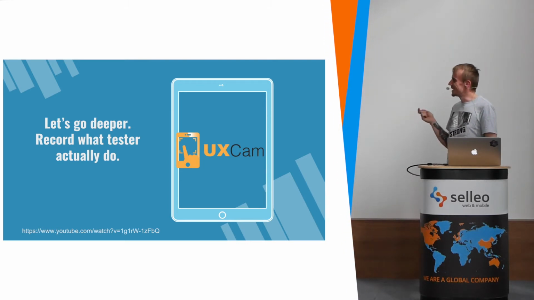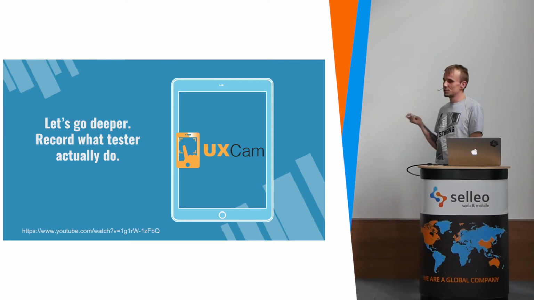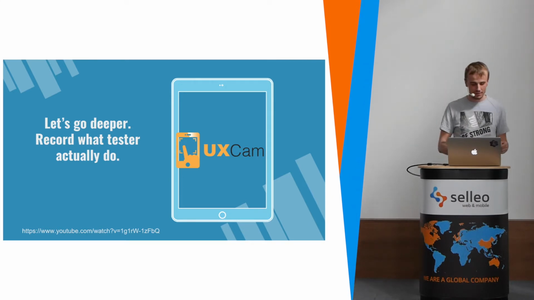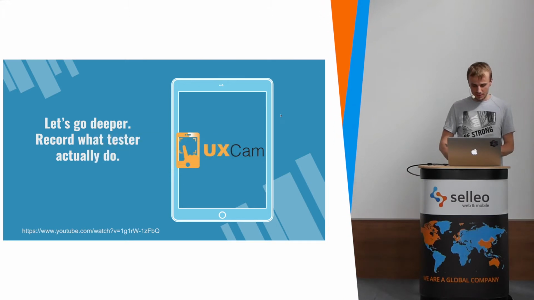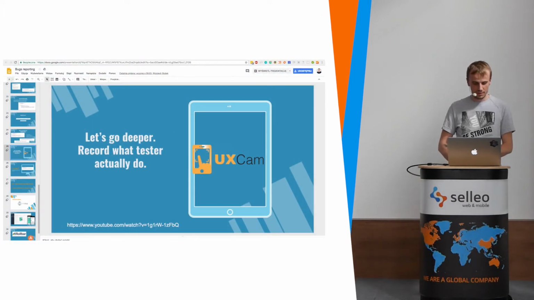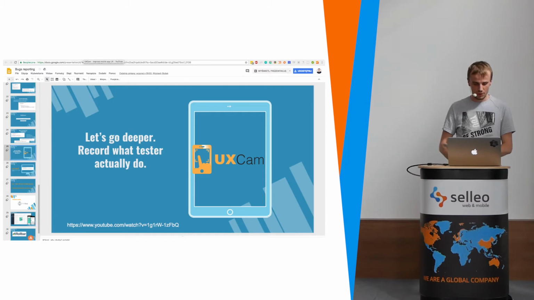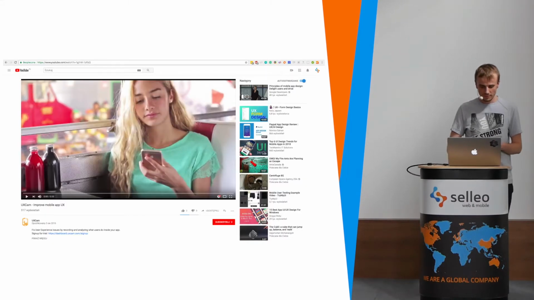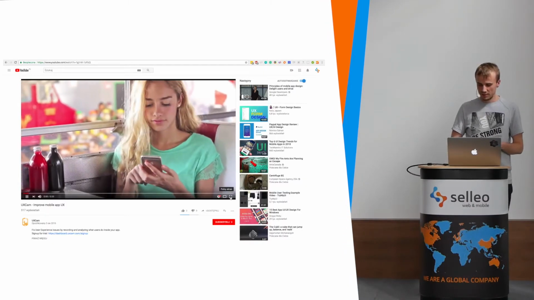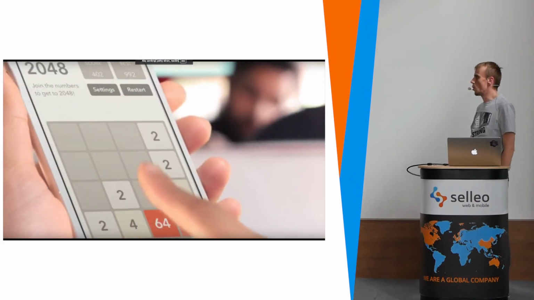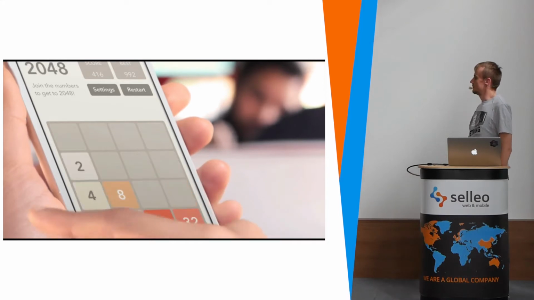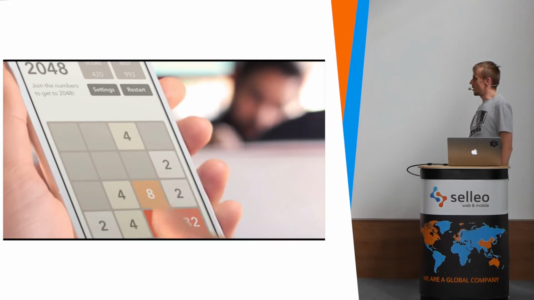Yeah, we can record what testers actually do. And now we'll open some video. This is a video that presents how Leap works. Here we have some lady using our app.